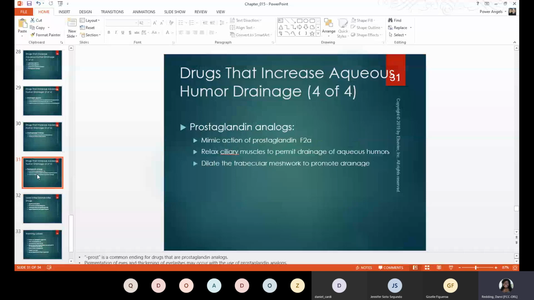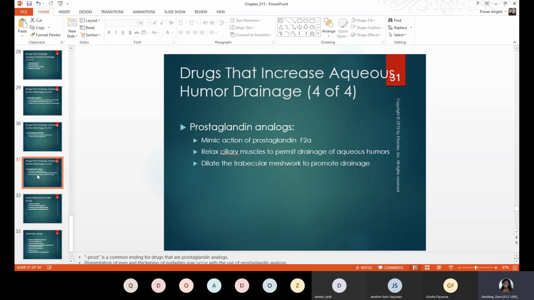So now that we've learned about the cholinesterase inhibitors, we'll next learn about the prostaglandin analogs. Remember, all of these drugs that you hear me talking about represents a drug class. So the prostaglandin analogs, those work by mimicking the action of a prostaglandin. And the prostaglandin analogs also relaxes the ciliary muscles to permit drainage of the aqueous humors. It also works by dilating the trabecular meshwork to promote drainage.